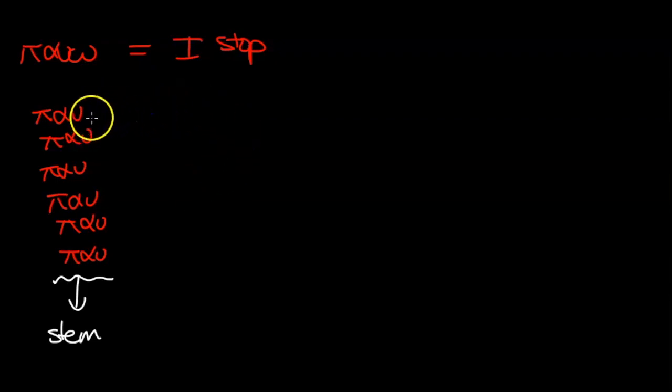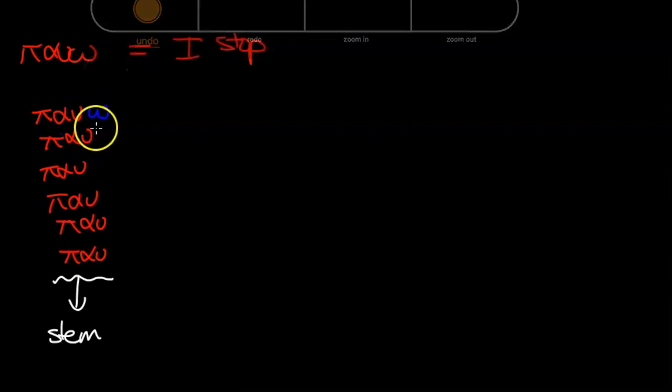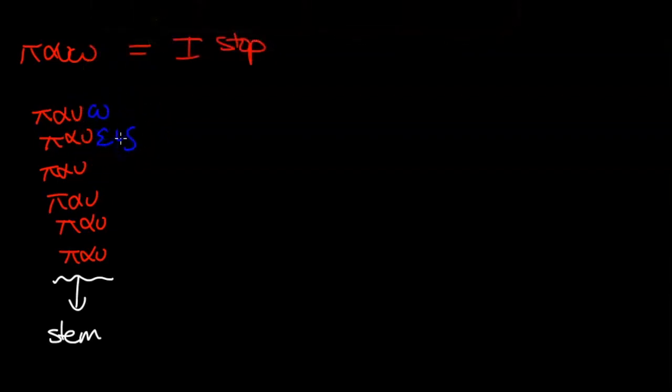So the endings for the present tense for regular verbs are as follows, for active endings, I mean: omega, eis, ei, omen, ete, ousi.